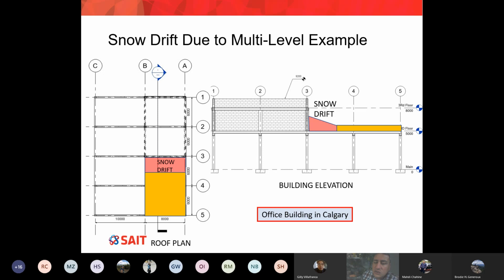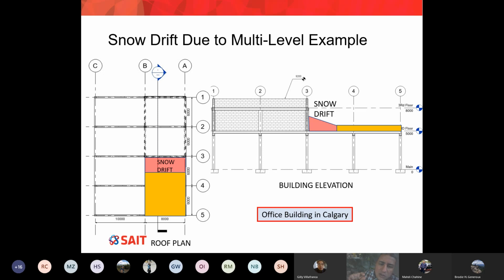Let me ask you, do you see anywhere else on the cross section that we will get accumulation? Anywhere on my cross section that is not the multi-level? For sure, what I show you right now is the drift due to multi-level. The diagram is sort of reddish and yellowish.